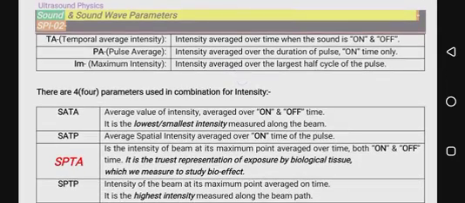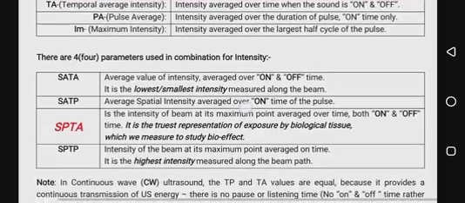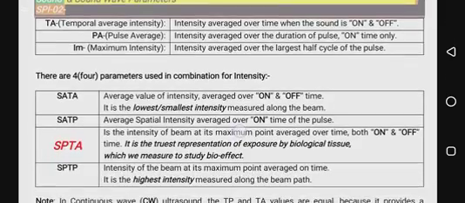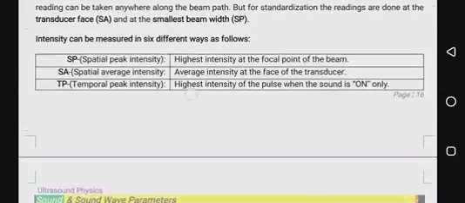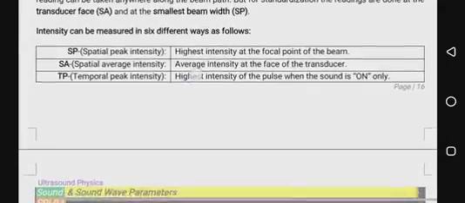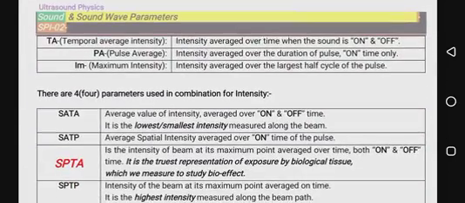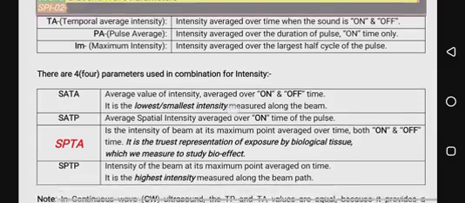There are 4 parameter combination for intensity. You can call it SATA, SATP, SPTA, SPTP. Now, all these combination is the combination of where we're coming from: SP, SA, TP, and TA, and so on.